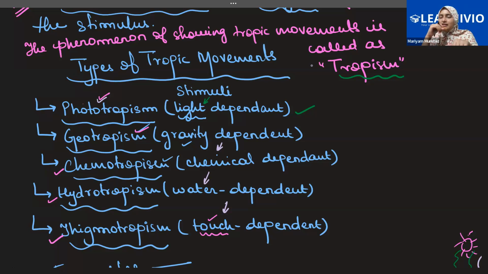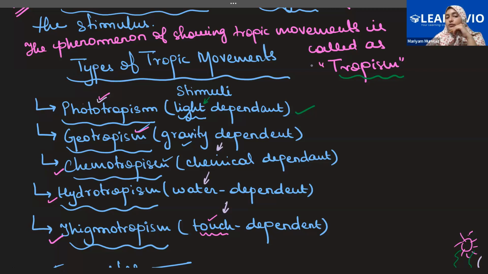Even for photosynthesis, but you can test photosynthesis artificially through the LED bulb also, but not the growth of the plant. So light is one of the stimuli. It can be artificial light or natural celestial light, right? So the tropic movement which depends on the light is phototropism.